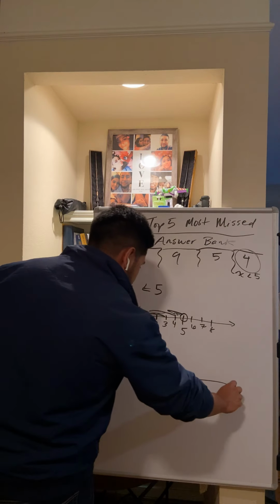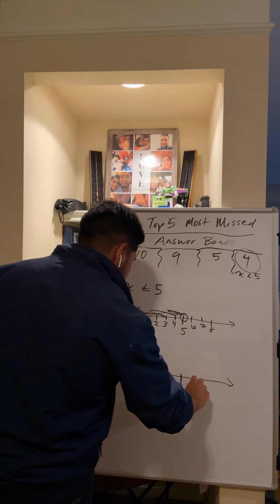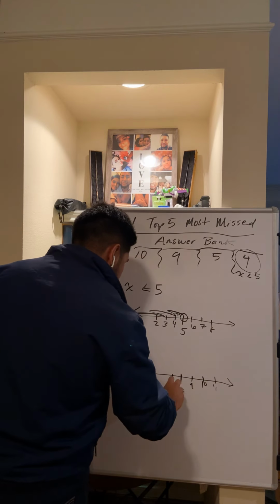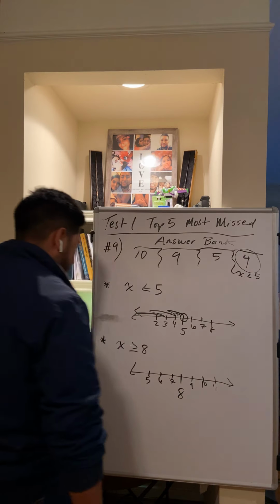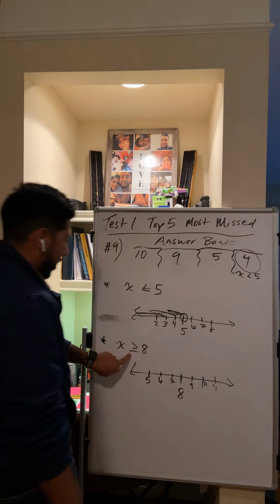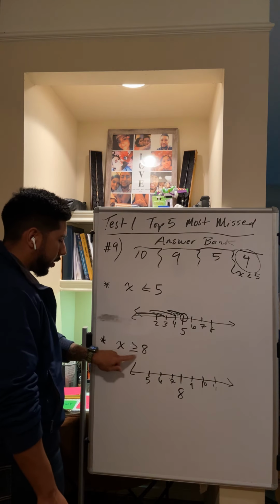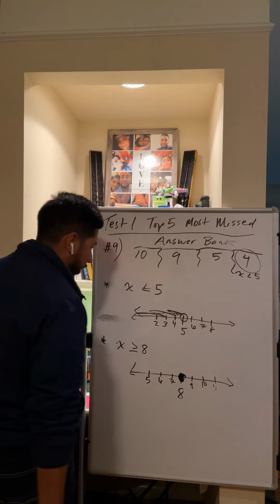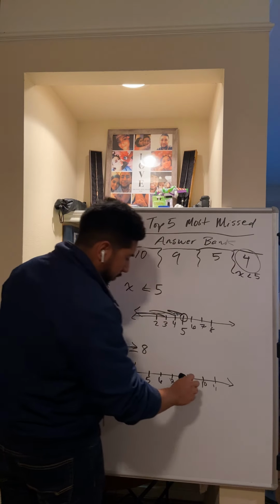Number line. 8 in the middle. Going up is 9, 10, 11. Going down is 7, 6, 5. Looking at the symbol, is that an open or closed circle? Equal to makes it a closed circle, so that includes my 8. This is an arrow, it's telling me to go up.